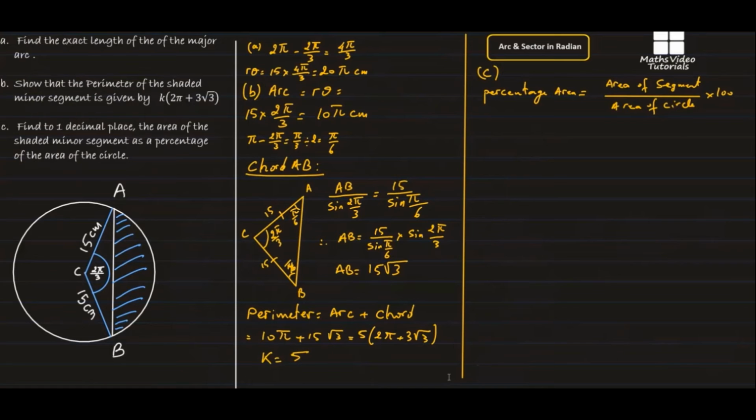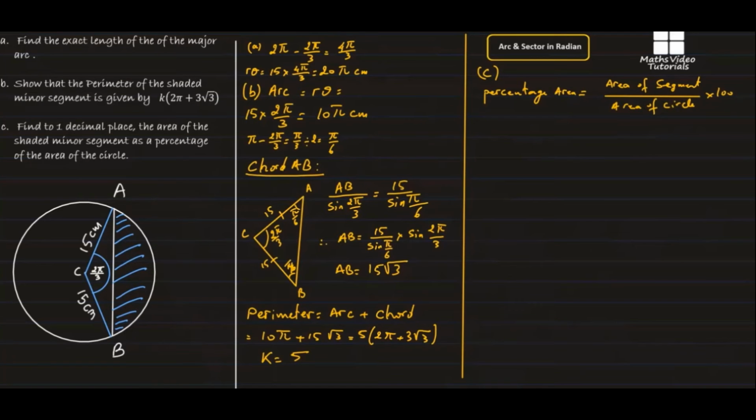Now for part C, they want us to give the area of the segment as a percentage of the total area. So this is the formula. The percentage area is you divide the area of the segment by the total area of the circle and you times by 100 to get the answer as a percentage. First, we need to calculate the area of the segment, this one here.